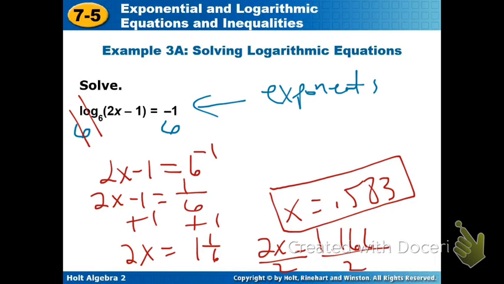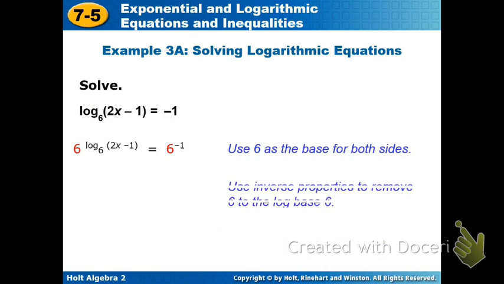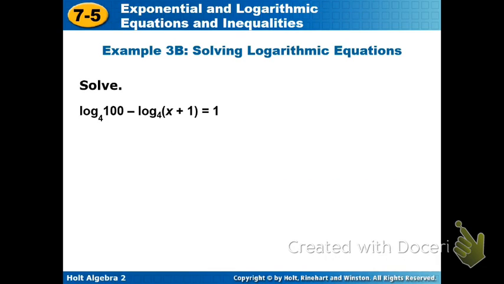All right, let's see if we have another one we can look at. A little extra time. Let's go with this one. We have log base 4 of 100 minus log base 4 of x plus 1 equals 1. Here you're starting off with 2 separate logs. So the first thing you're going to have to do is use your properties and bring them together as a single log.